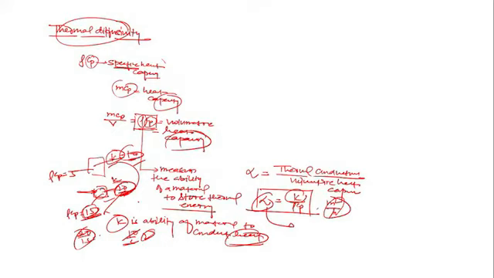Similarly here, a material with high thermal diffusivity will be more sensitive to any change in the environment. That is the meaning of thermal diffusivity in the sense of sensitiveness. If any small change happens in the environment, it will respond quickly. Is this clear?